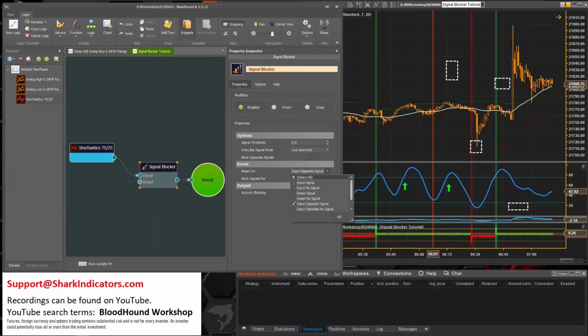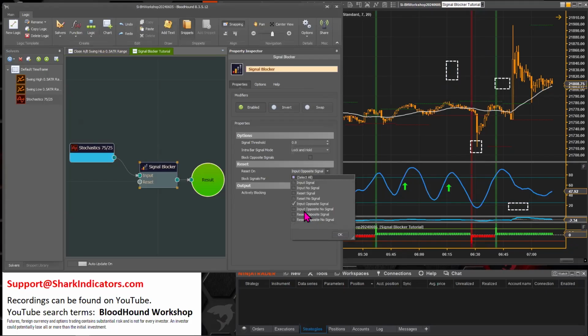So what's opposite of a long signal? It's the short signals. We can see the short signal is what reset the long signal blocking. So now the signal blocker is blocking short signals. What does opposite signal mean now? A long signal is opposite of the short signals which are being blocked.